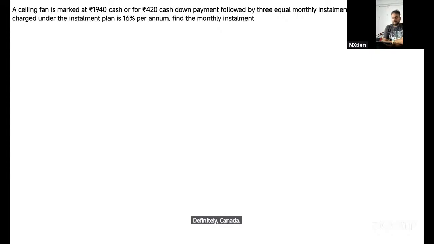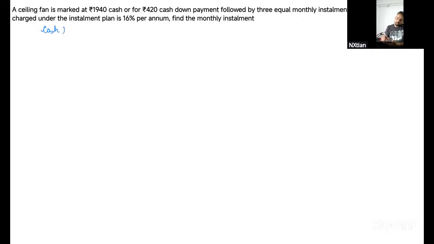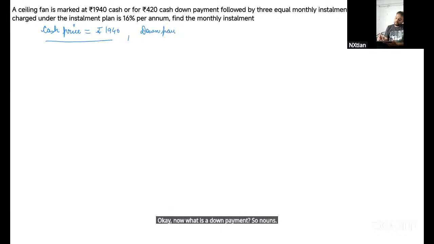Okay, a ceiling fan is marked 1940 as cash. So we have to write first the cash price, which is rupees 1940. Now what is the down payment? Down payment is rupees 420. Now three equal installments are there.